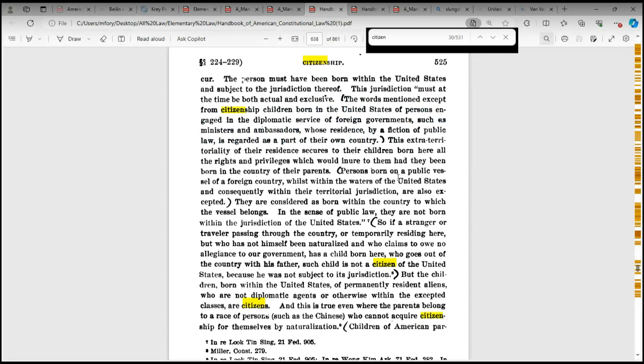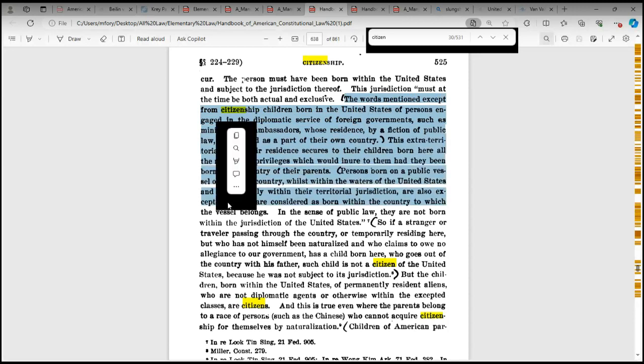Persons born on a public vessel of a foreign country whilst within the waters of the United States and consequently within the territorial jurisdiction are also excluded. And the reason why is this. It does not show intent of that foreign person wanting to become a citizen. He is doing a job for his country unless he renounces that in some way.